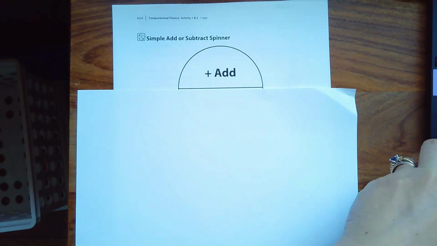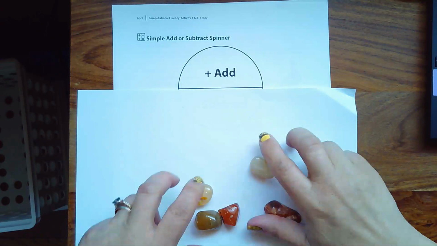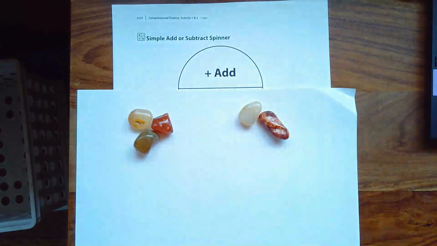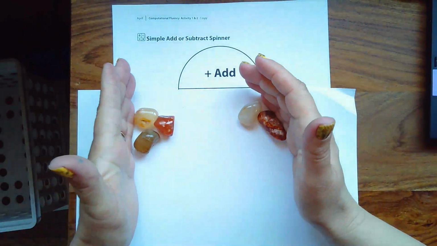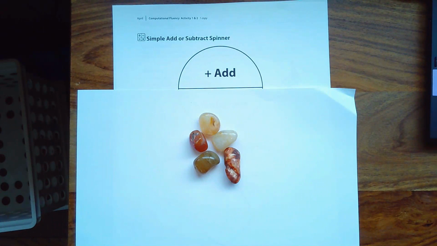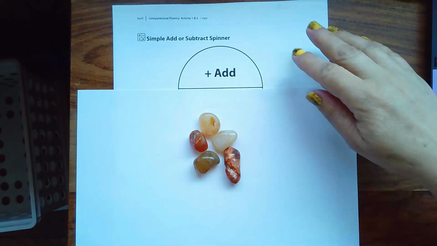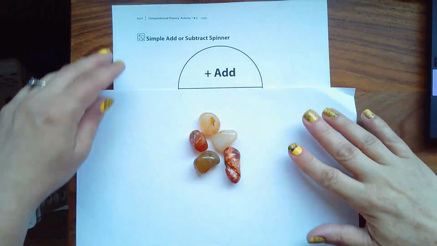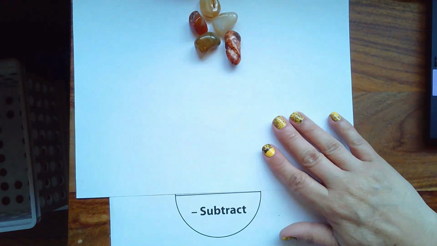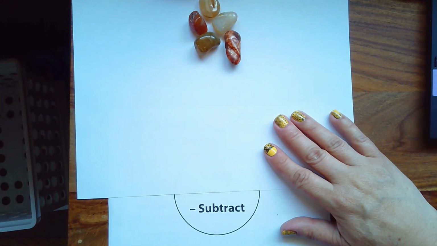So if I'm going to take some rocks, I'm going to add them together. I'm going to put some over here, and I'm going to put some over there. And then I'm going to add them together, and that's what your answer is going to be, okay? So that's adding. The other symbol is called subtract.